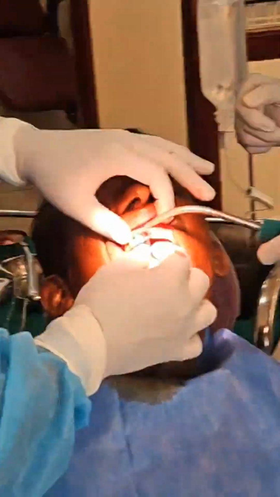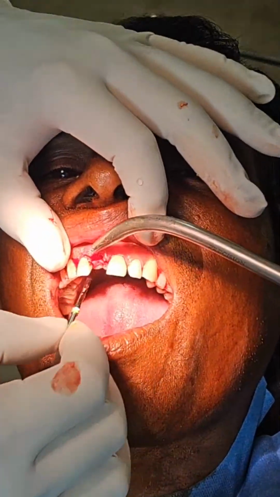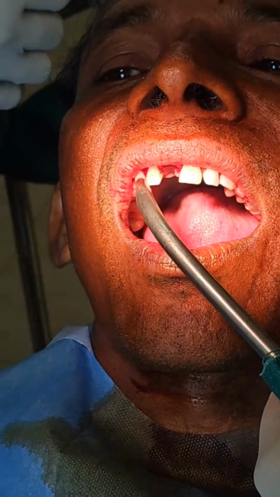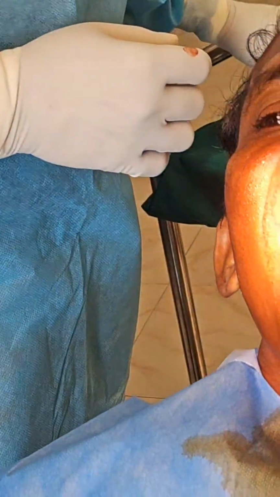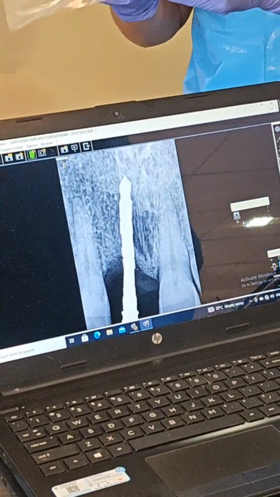Going more towards the central incisor, I can correct the angulation with my next drill. So my next drill is 2.4 by 2.8. See, I am not holding any gauze in my hand.